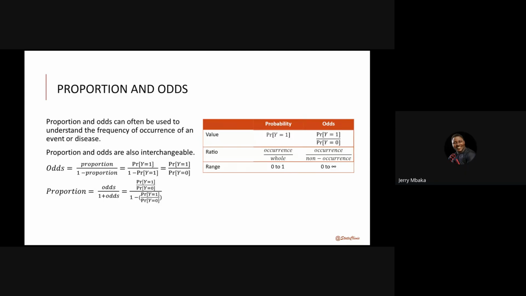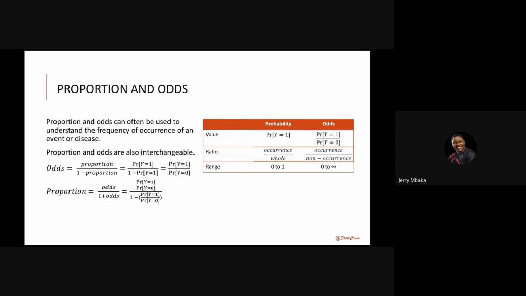Let's say we have a sample in which we have measured systolic blood pressure, and even though we know that a normal systolic pressure could be between 120 to 140 millimeters of mercury, we want to check the proportion of sample subjects that are above 130 millimeters of mercury.